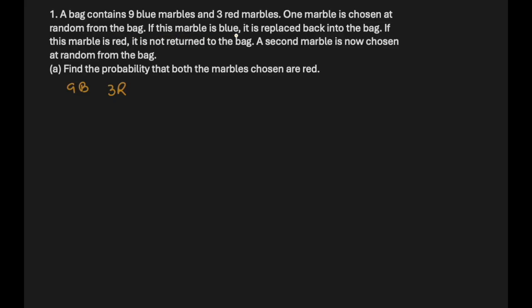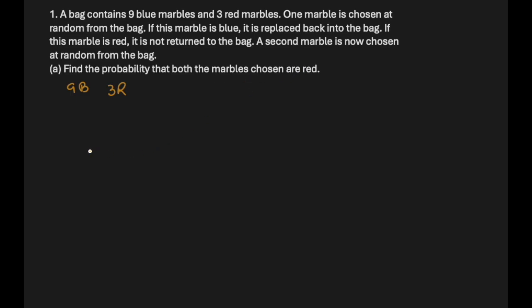If this marble is blue, it is replaced back into the bag. If this marble is red, it is not returned to the bag. Okay, so reds will keep on decreasing, but blue will stay the same. That's what they are trying to say. A second marble is now chosen at random from the bag. Find the probability that both the marbles chosen are red.